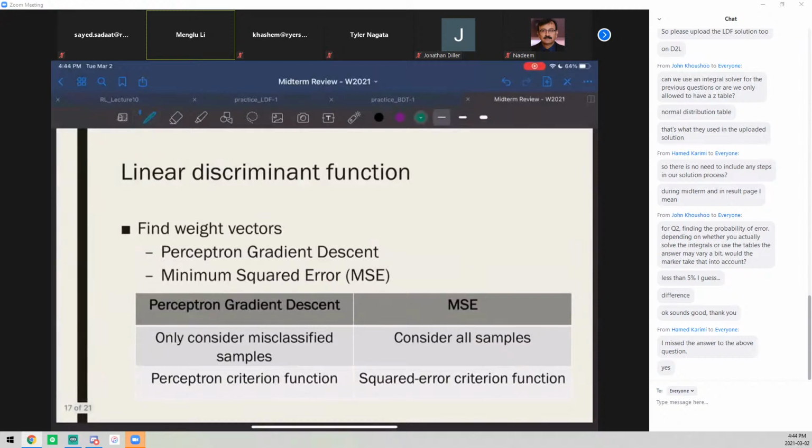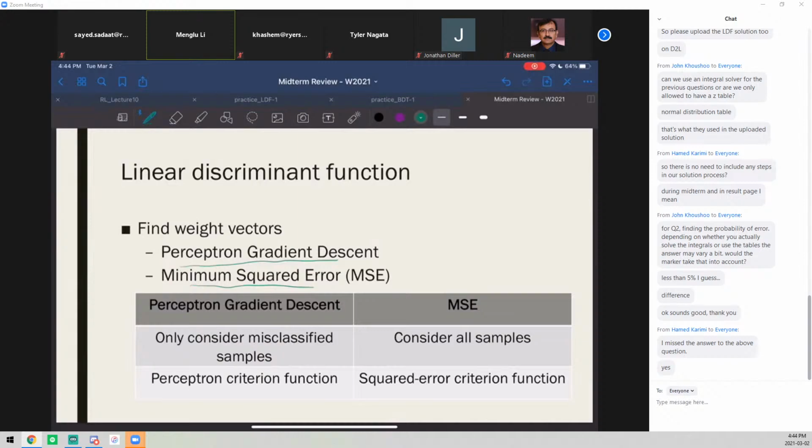So how do we find W0, W1, and W2? There are two important methods. One is perceptron gradient descent, and the other is minimum square error. There are two major differences between them.